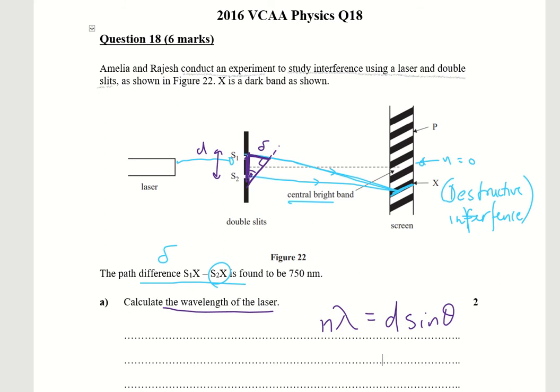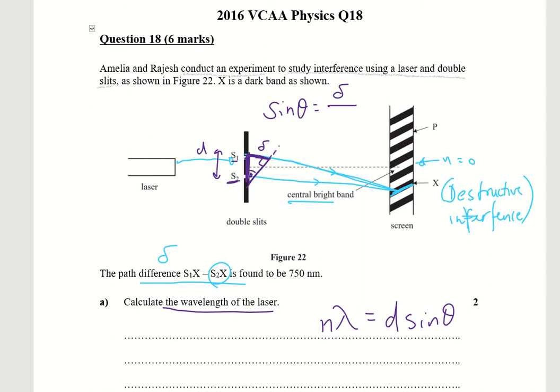So sine theta is the angular difference between S1 and S2. You can write down that sine theta, that particular angle difference, is given as opposite over hypotenuse.